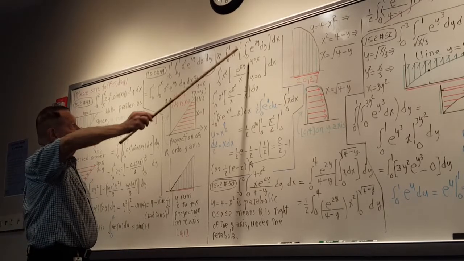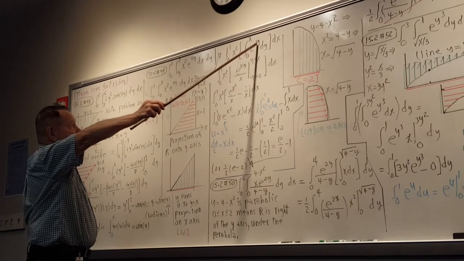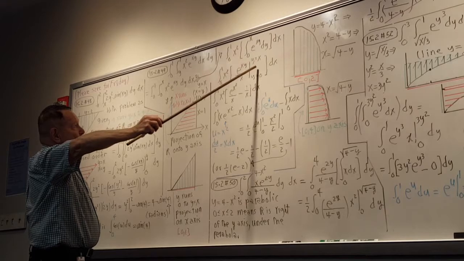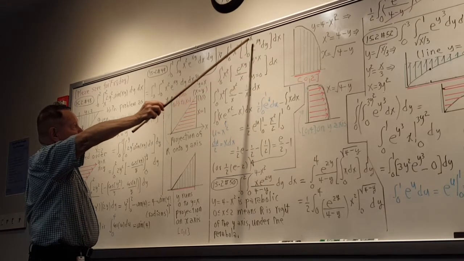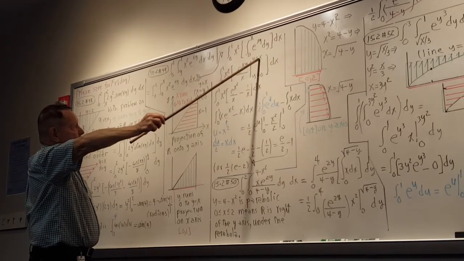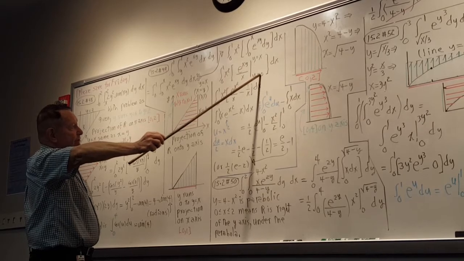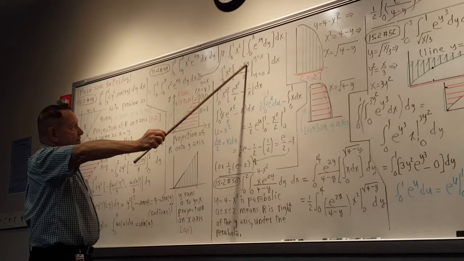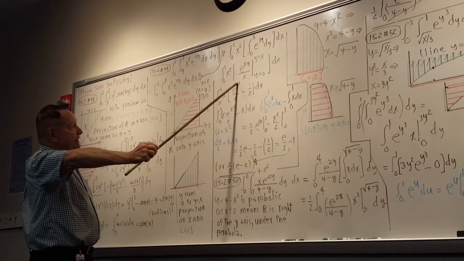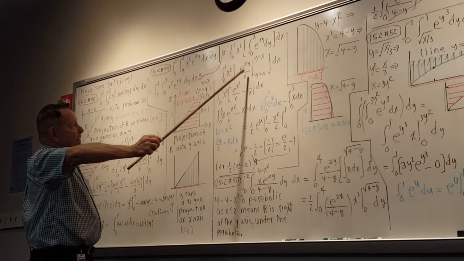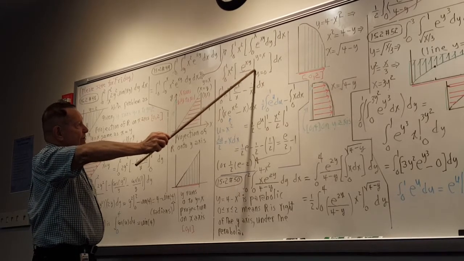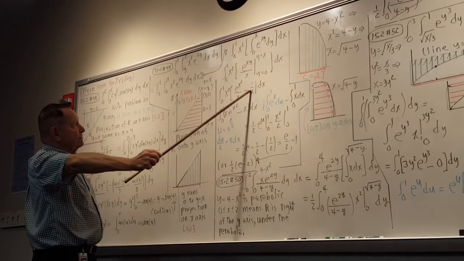And so I get e to the xy over x, and then I'm putting in my limits, y equals 0 to y equals x. Notice you can't just throw this away. So when you put in the x for the y, you have e to the x squared over x minus e to the 0, which is 1 over x.